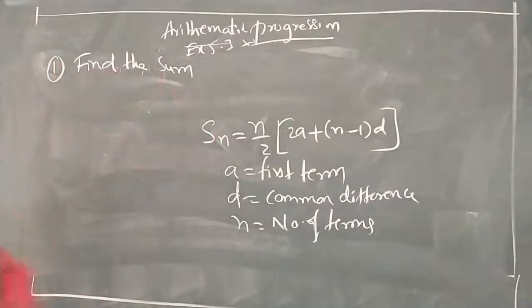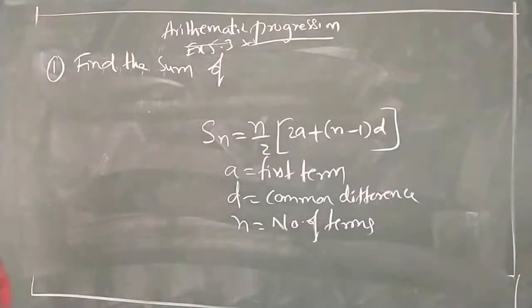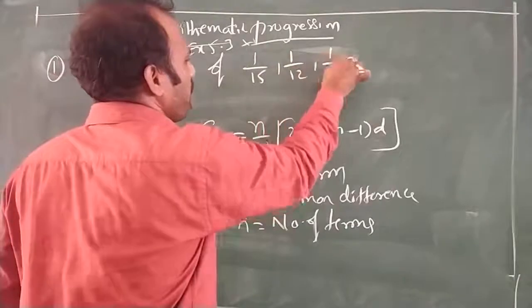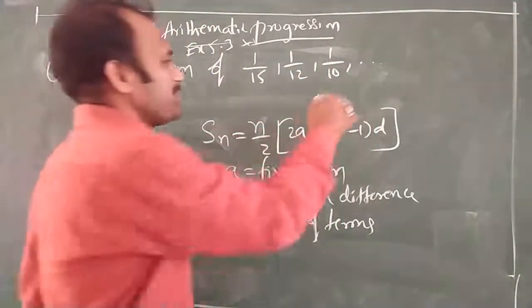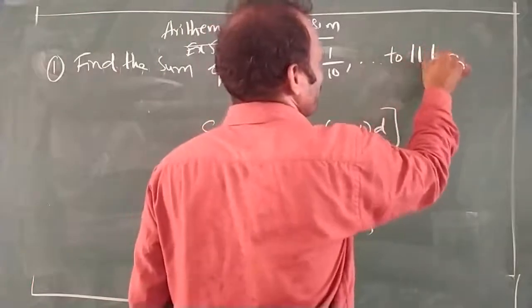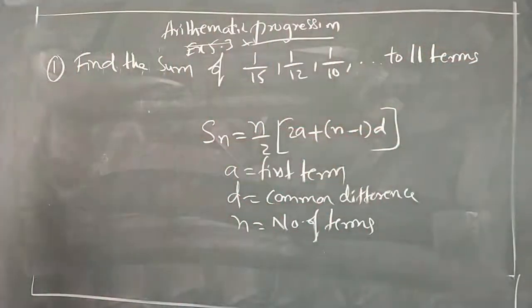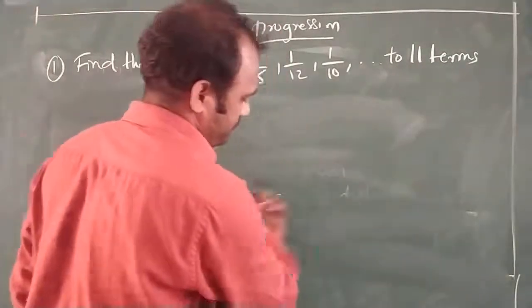Find the sum of 1 by 15, 1 by 12, 1 by 10, and so on to 11 terms. So we are going to find the sum of 11 terms here. How to find?